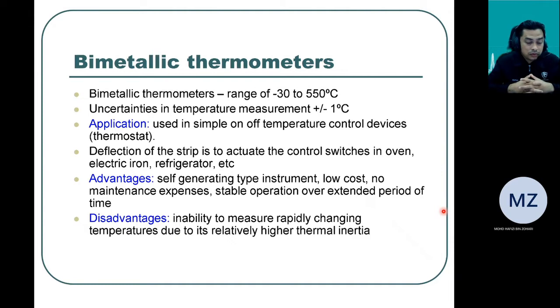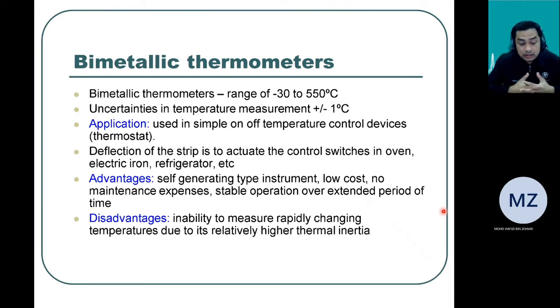This makes it very good if you want to build a temperature controller, for example in the aircon, in the oven, in the iron, in the refrigerator.